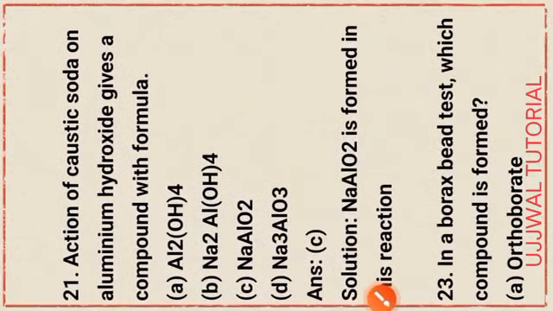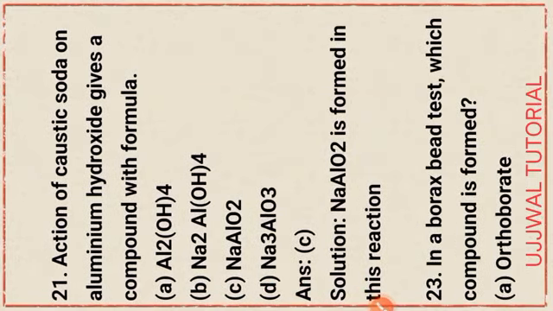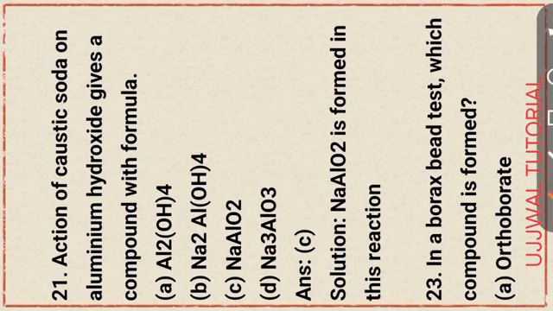Next question, question number 22. The action of caustic soda, that is sodium hydroxide NaOH, on aluminum hydride gives a compound with formula option C, NaAlO2, sodium aluminate. Sodium aluminate NaAlO2 is formed in this reaction.